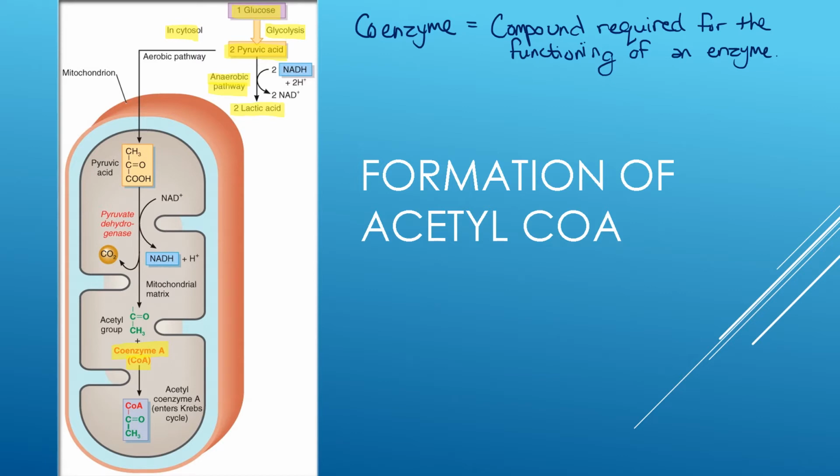But if oxygen is present, it will follow the aerobic pathway, and pyruvic acid will be transported into the mitochondria by this special transport molecule. We don't really need to know what it is, but pyruvic acid is transported by the use of a transport molecule into the matrix of the mitochondria.